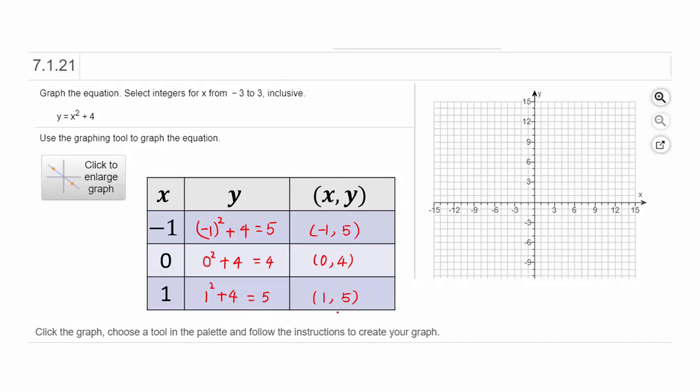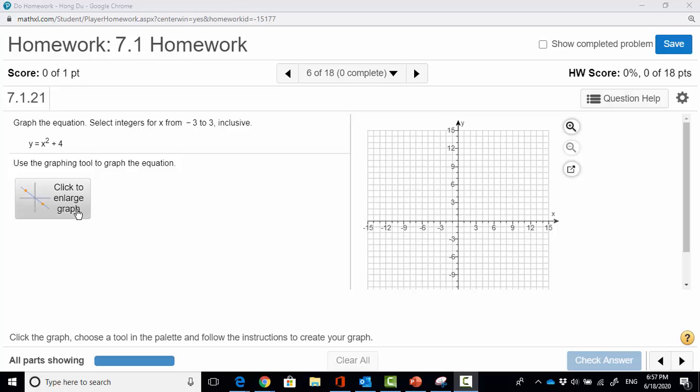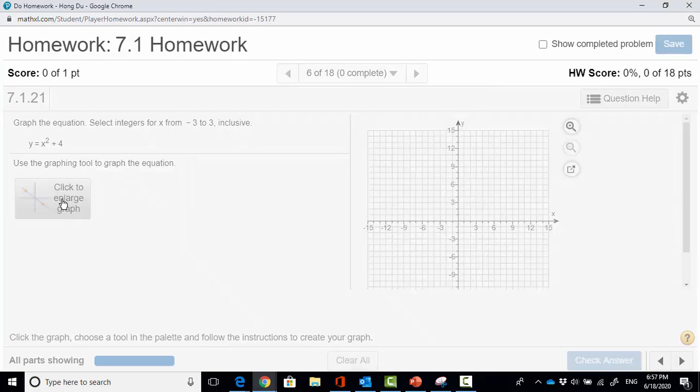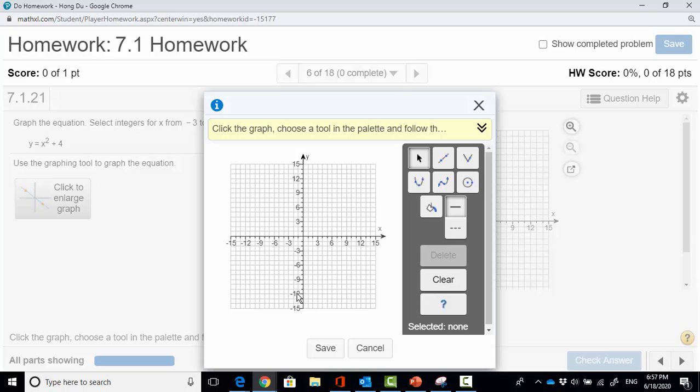So now we are ready to graph the equation. Click to enlarge the graph. Now you have this little window, and you choose the 3-point quadratic tool. Click that. Now you can put those 3 points you just got on this coordinate system. The first point, remember, is (-1, 5).